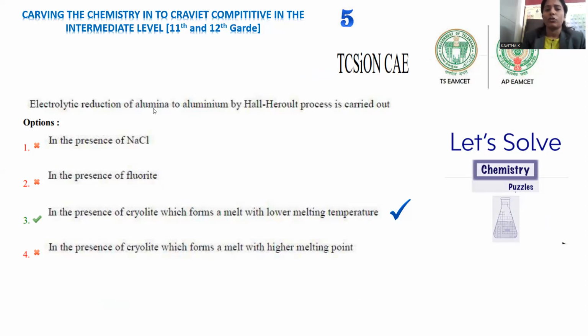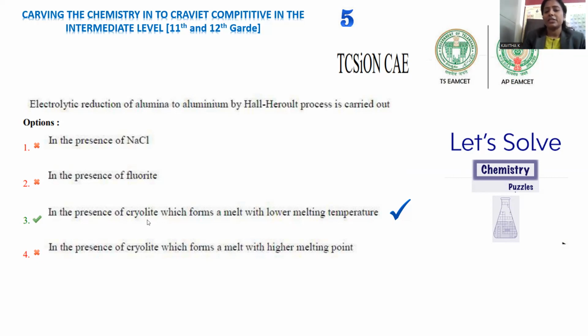Alumina is the oxide ore of aluminium, and from this ore, pure aluminium metal will be extracted. The method they are following is the Hall-Héroult process. Which statement provided will be correct? We have to check it out. In the presence of cryolite, which forms a melt with a lower melting temperature.